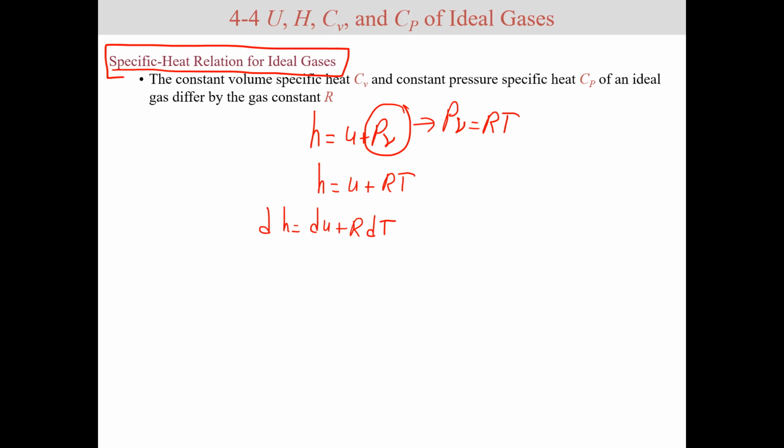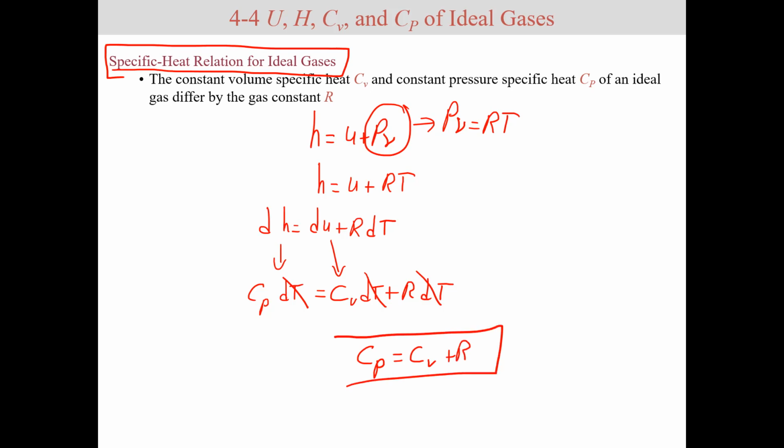I can replace dH with Cp dT, and I can replace dU with Cv dT. What happens is the dT's cancel out, and I get that only for an ideal gas, Cp is equal to Cv plus the gas constant. And this is, again, only for an ideal gas, because I used the ideal gas law to show this.